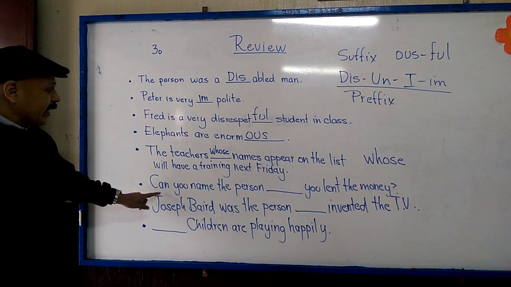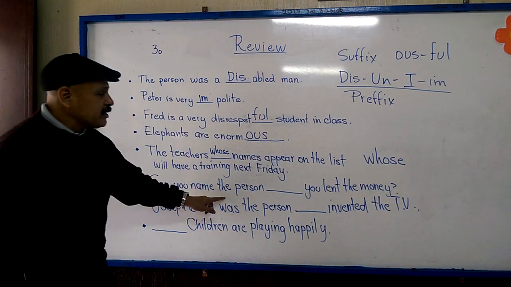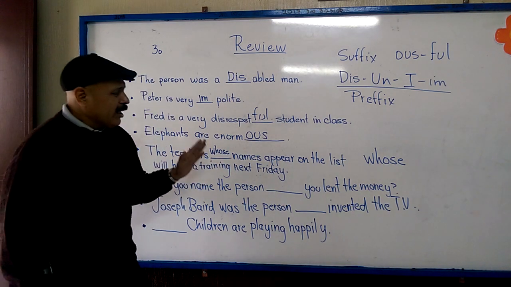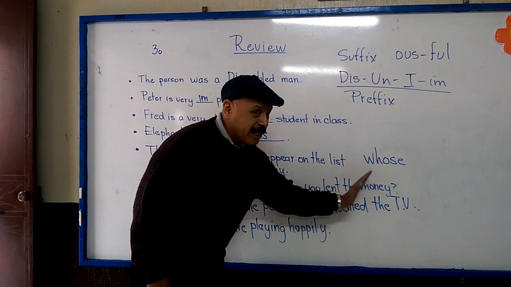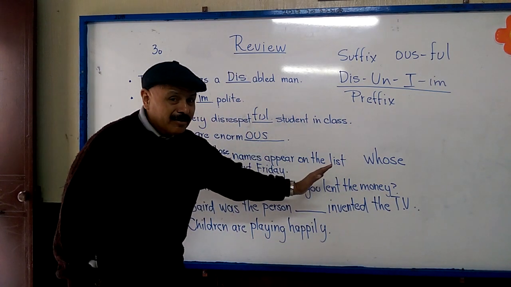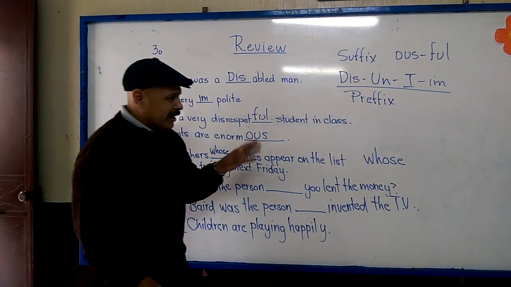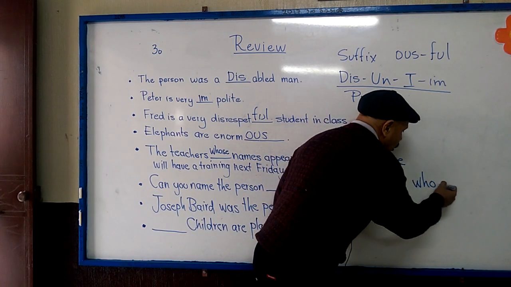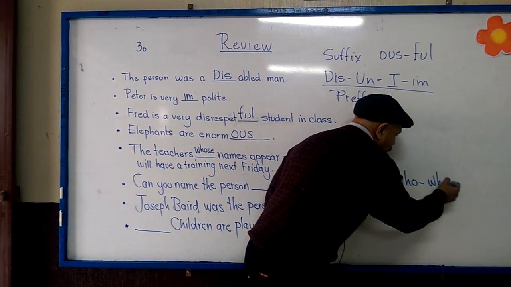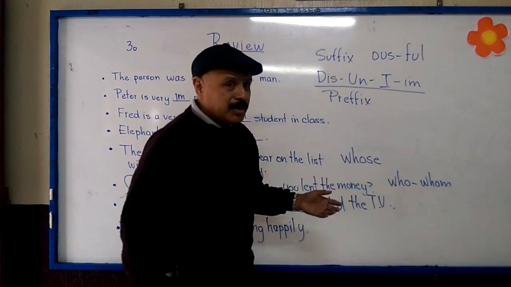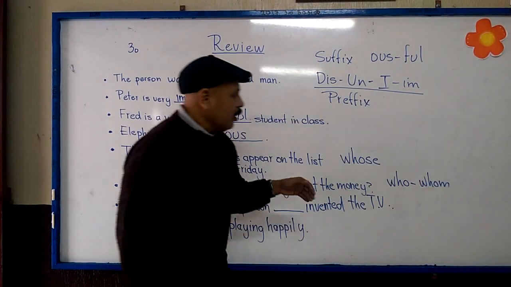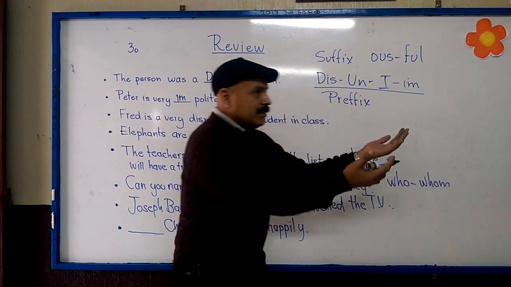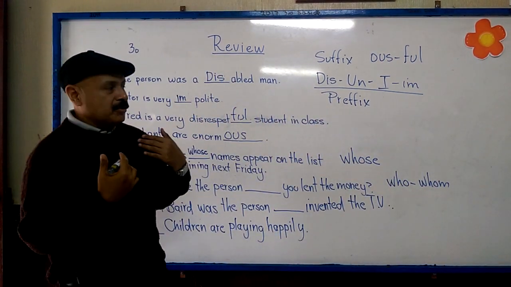And the next one, can you name the person you lent the money? ¿Podrías nombrar a la persona a quien le prestaste el dinero? Ahora, remember there are two options here. Or I say who, or I say whom. Do you remember the use of who and the use of whom? Who is the person who does the action, and whom is the person who receives the action. Do you remember that?